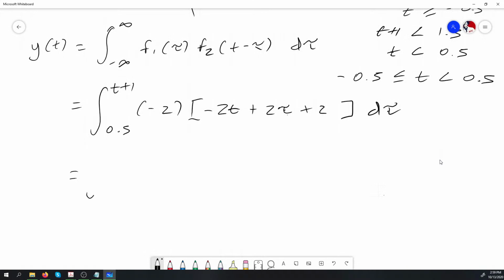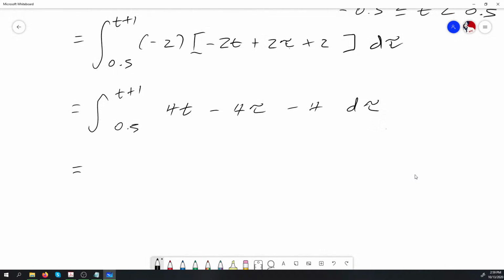If we expand this out, we get 4t minus 4 tau minus 4, d tau. We integrate this, get 4t tau minus 2 tau squared, minus 4 tau t plus 1 and 5.